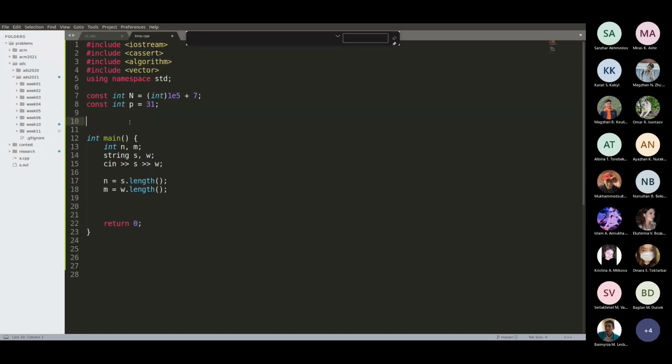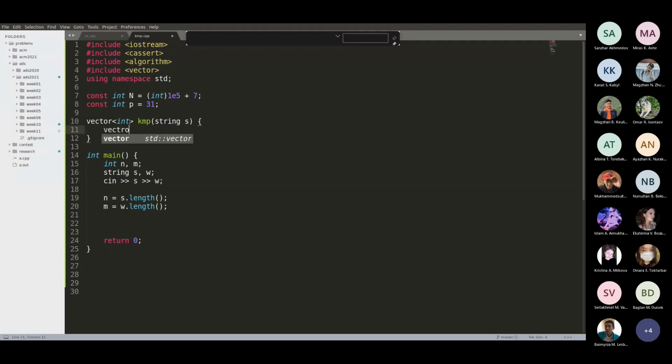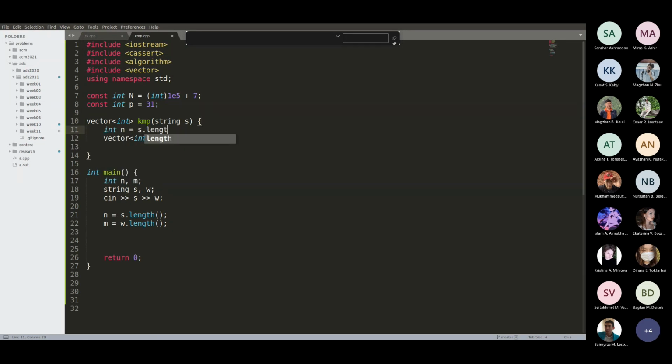So the KMP will return a vector of integers. KMP accepts a string and returns a vector of integers. So we initialize a vector p of length n, initially filled with zeros, where n is the length of the string.